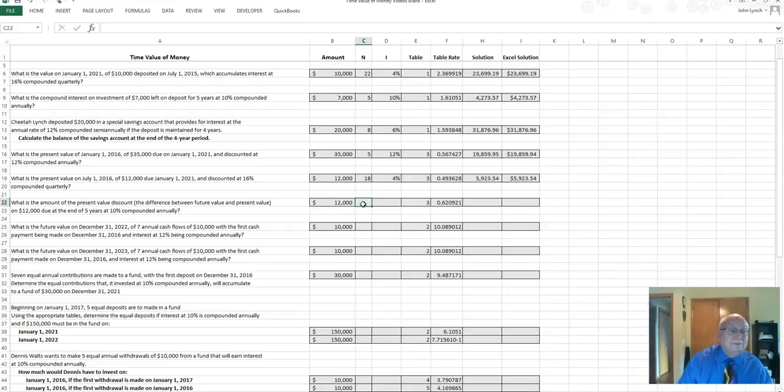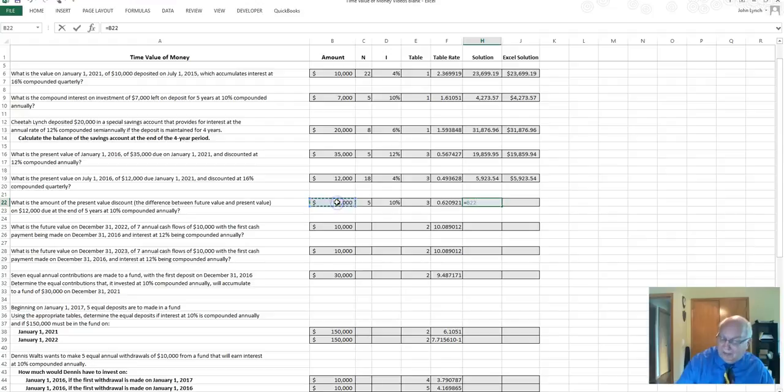For this one, what is the amount of the present value discount, the difference between the future value and present value on $12,000? Okay. So this is for the 12,000. We have 5 periods and 10%. Present value is table 3. Okay, so you multiply those out.